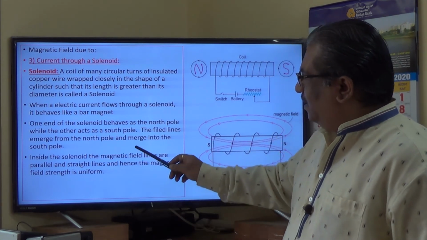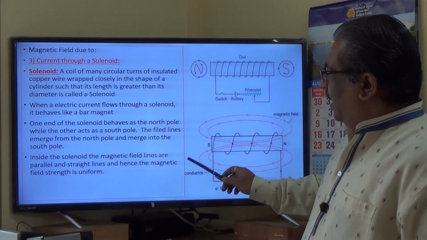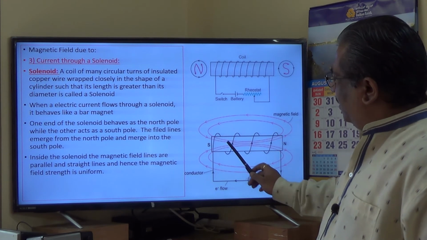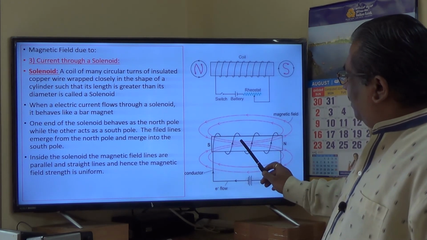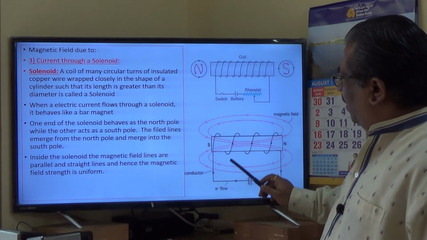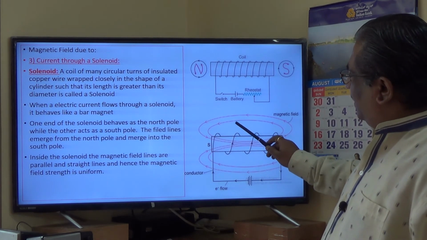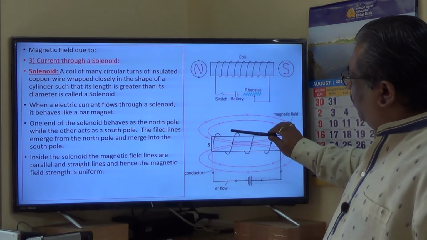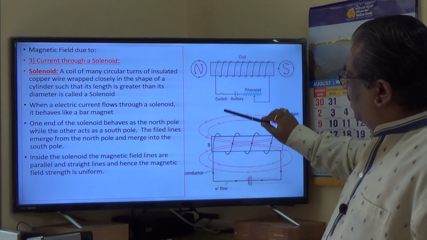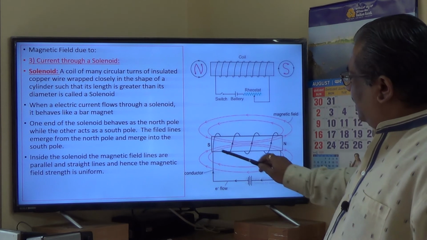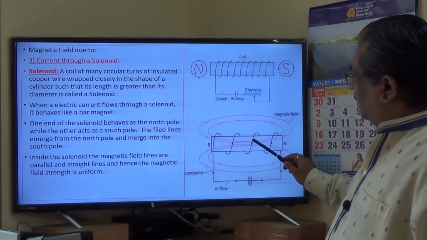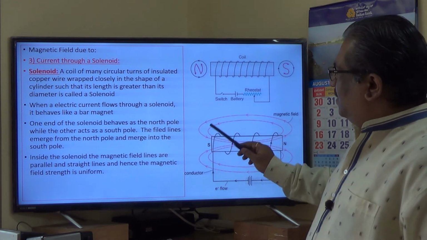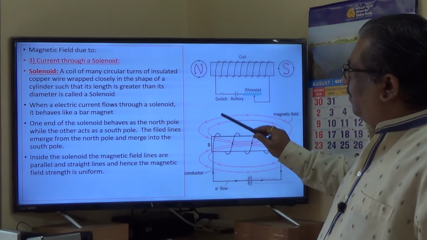Inside the solenoid, the magnetic field lines are parallel and straight, and therefore inside the solenoid the magnetic field strength is uniform, whereas outside the field lines are scattered, and when we move away from the solenoid the field strength decreases. Inside the solenoid the field strength is uniform because the magnetic field lines are almost parallel. Okay, this is something about the solenoid.